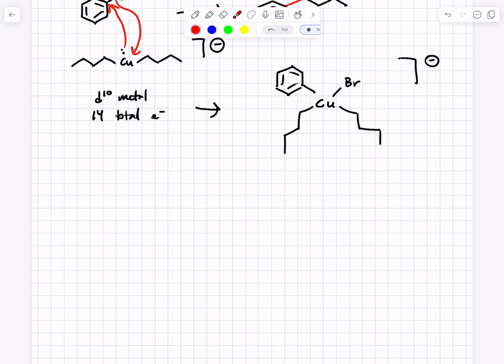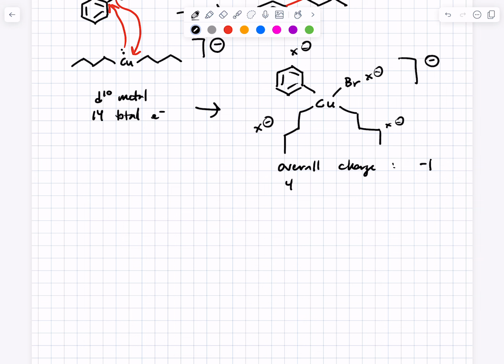What's the overall charge on the complex? It's still -1. What ligands do I have? Are they L or X? Think about them as if they left with the electrons in the bond. They are all X-type ligands.